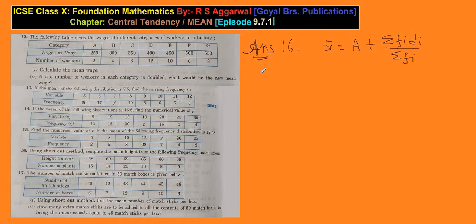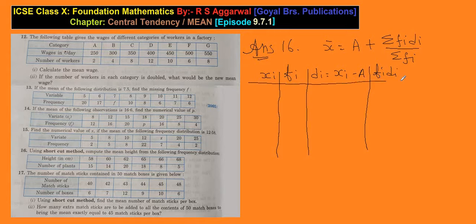So we require the class marks, we require our frequency. Di means xi minus a, as well as we require fi di. So these are the things that we require in the data.